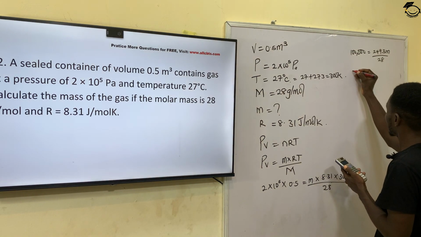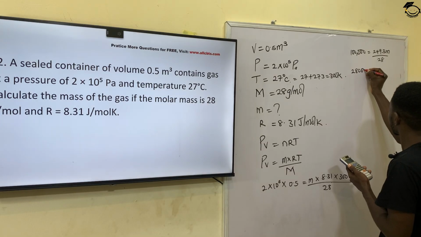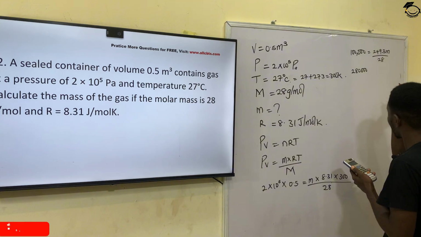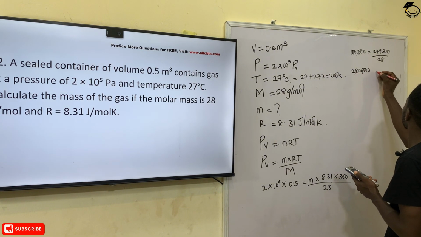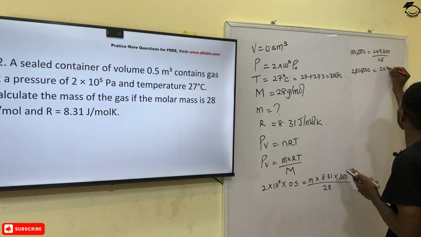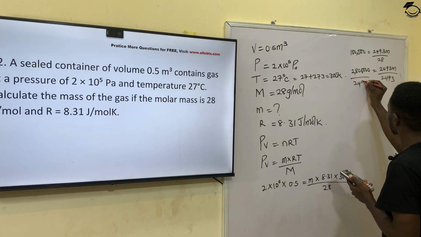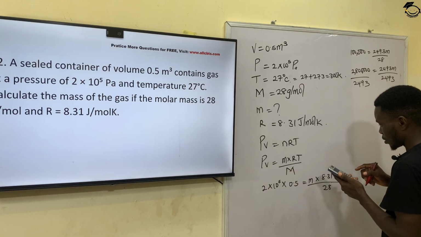So that will give me 2.8 million equals 2493 M. Divide both sides by 2493, 2493 divided by 2493.